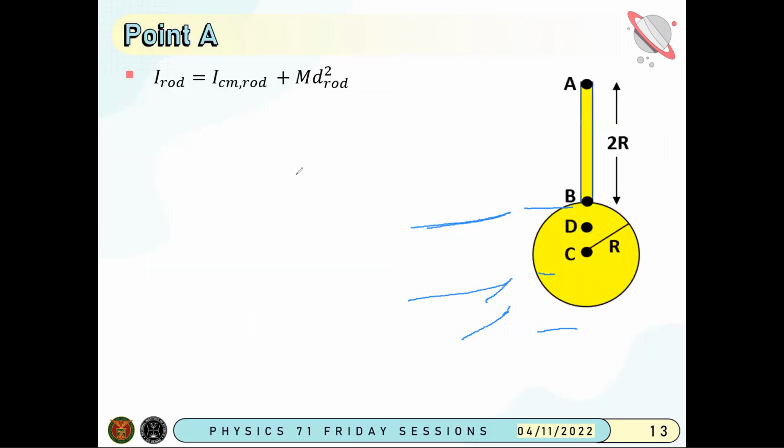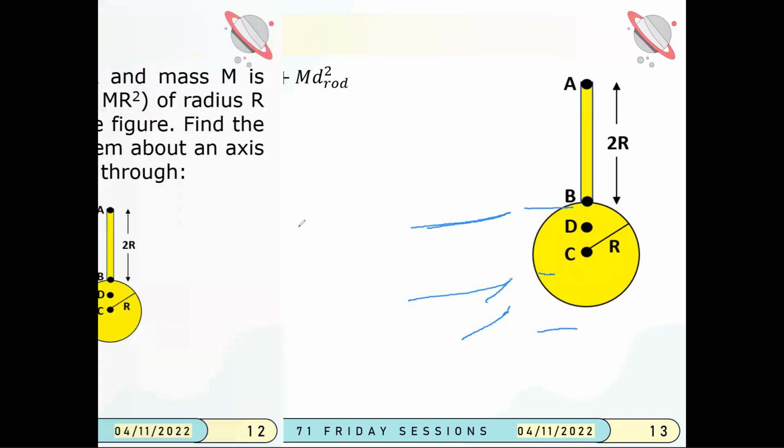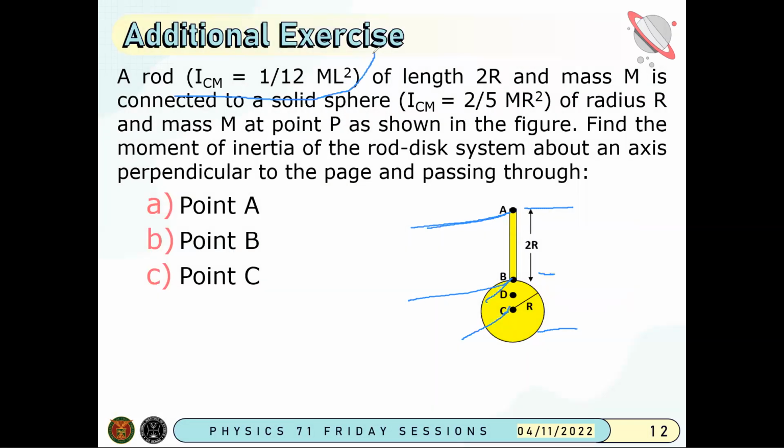Sa point A, this is point A. Okay, sa point A, yung moment of inertia ng rod, alam natin yung given sa problem ay yung about the center of mass. Right?